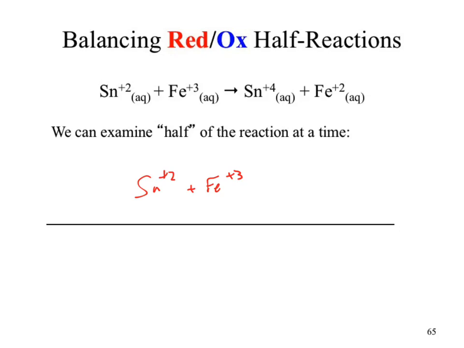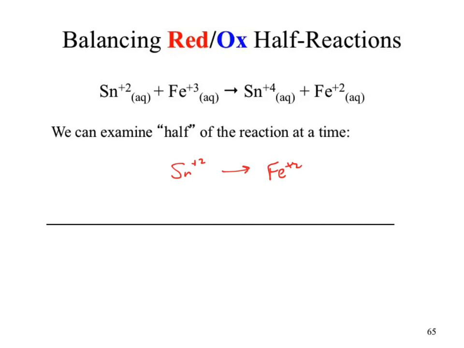I can't balance just the reactants because there's nothing to compare them to. So choosing the reactants doesn't work. Choosing the products doesn't work. So what do I choose to balance? Half the reactants and half the products. So I'm going to do tin plus 2, and I'm going to balance that with iron plus 2.